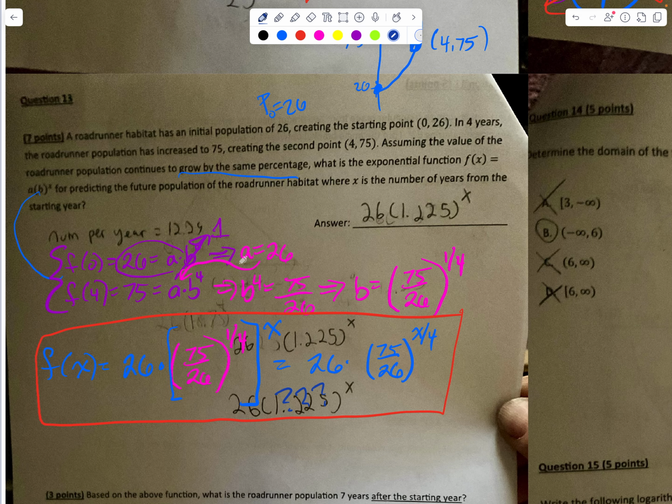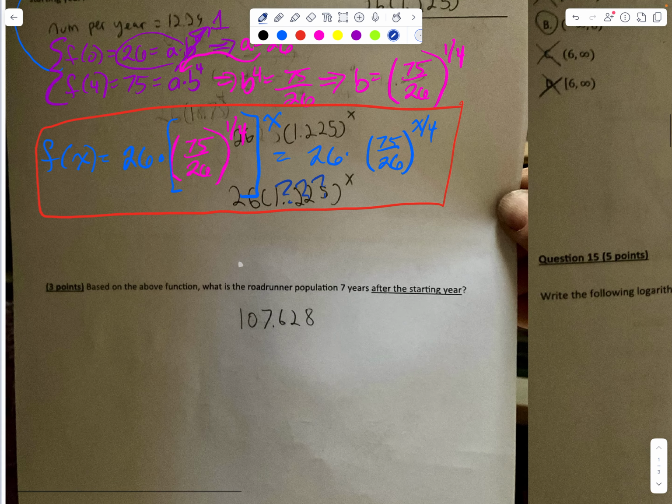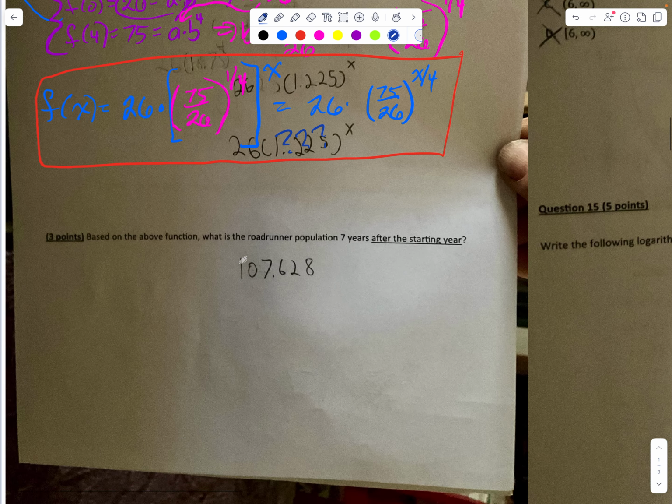All right. 6 eggs. Based on what is the population in 7 years? Well, we already have the function written down right here, right? So the answer is, as a mathematician, that's the answer. Because f is known, right? If you want to, you can just rewrite some stuff for no reason at all.